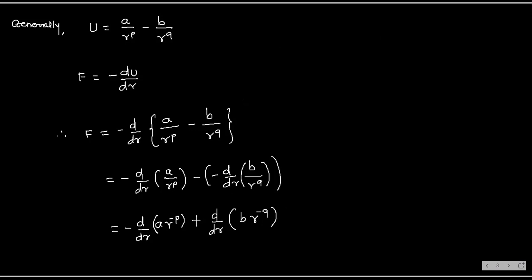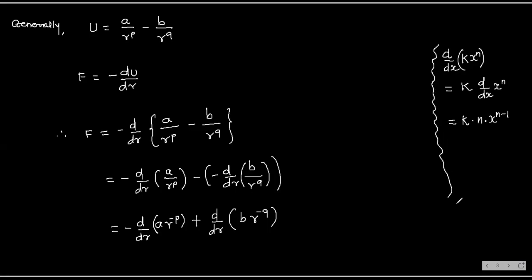Now there is one formula of differentiation: d/dx of k into x^n, where k is constant. So first you take out k, and then d/dx of x^n gives k into n into x^(n-1). This is the formula.